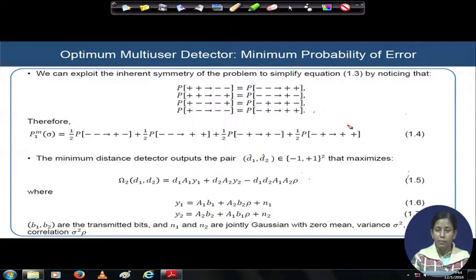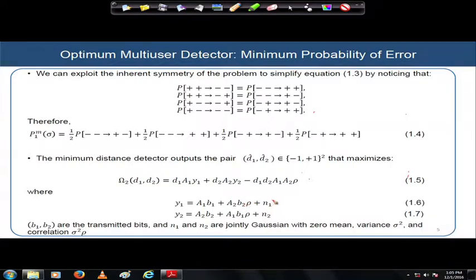This minimum distance detector finally gives you the estimated detected pair, which belongs to -1 and +1, and that maximizes the big omega function once again. Given this, D1 and D2 are transmitted as given by this expression, where Y1 is fundamentally A1 B1 plus A2 B2 multiplied by the cross correlation factor, plus the embedded noise.